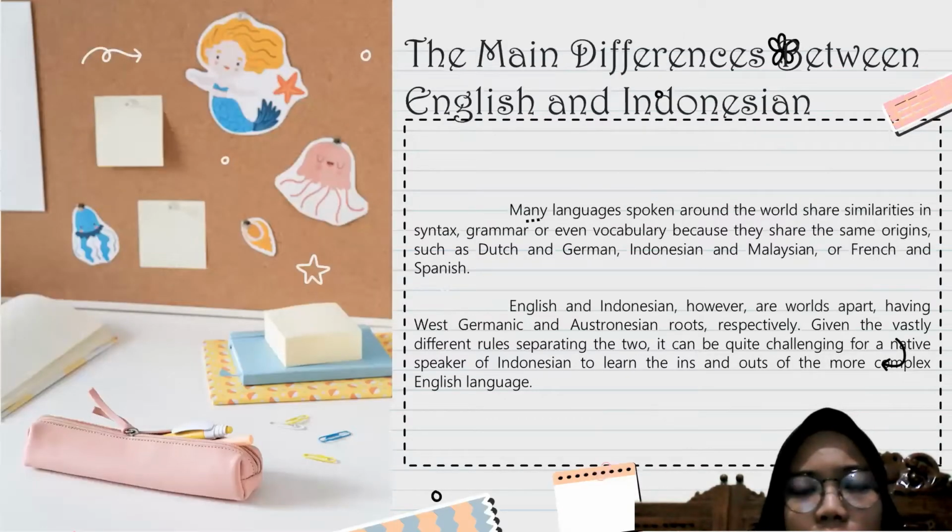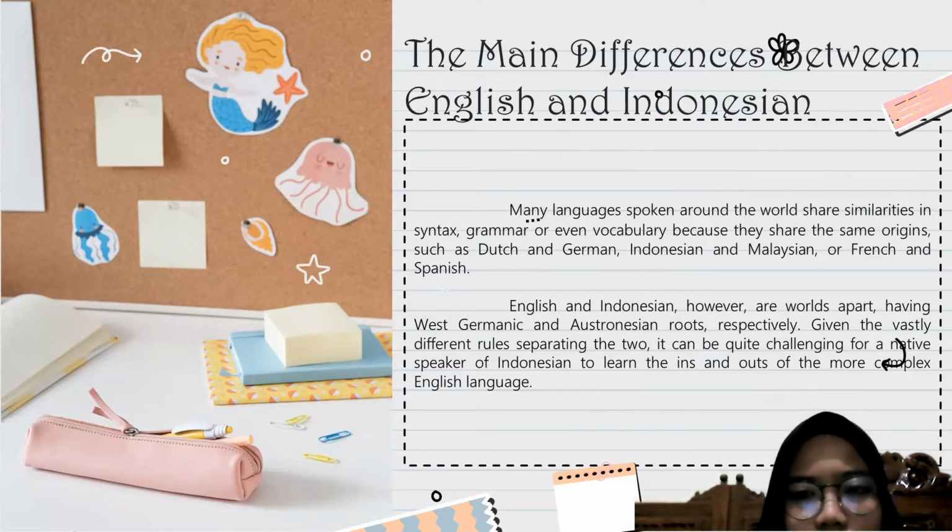The main differences between English and Indonesian. Many languages spoken around the world share similarities in syntax, grammar, or even vocabulary because they share the same origin, such as Dutch and German, Indonesian and Malaysian, or French and Spanish.